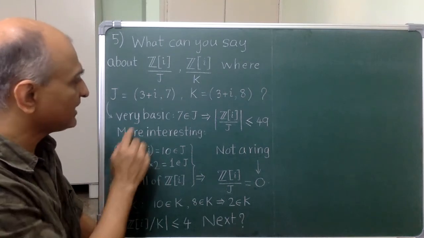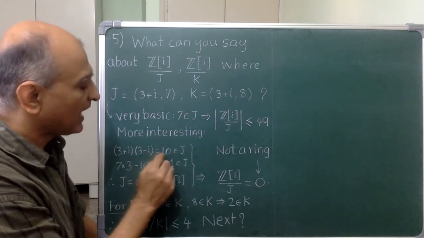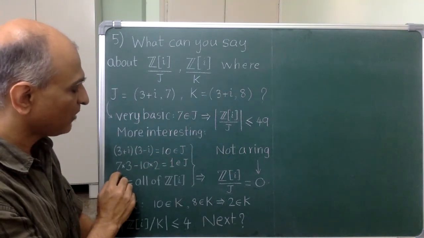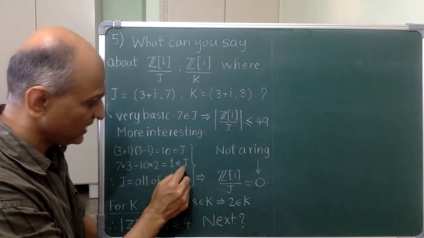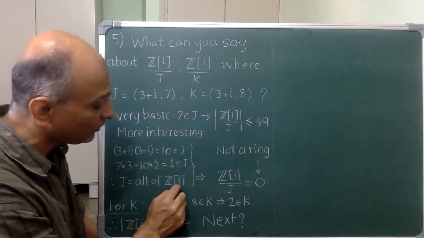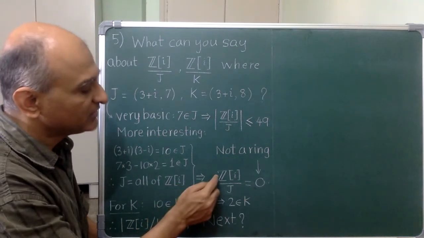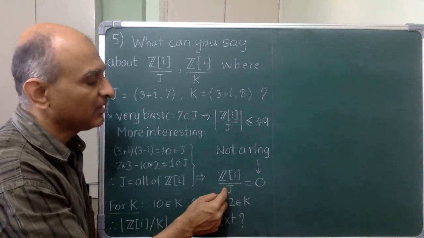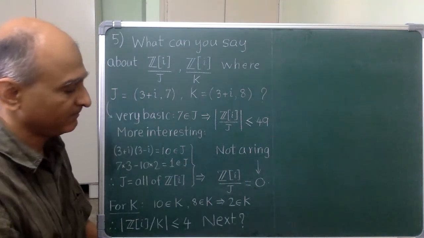Because 3 plus i is in the ideal, multiplying by the complex conjugate, I get that 10 is also in J. But now the linear combination 1 of 7 and 10 is also in J, and therefore the ideal is all of the ring of Gaussian integers. And therefore this quotient is 0 because J is not a proper ideal. And so according to our definition, this is not even a ring.